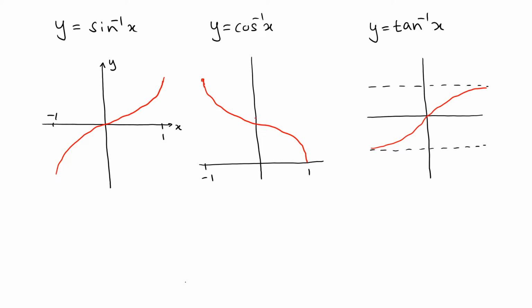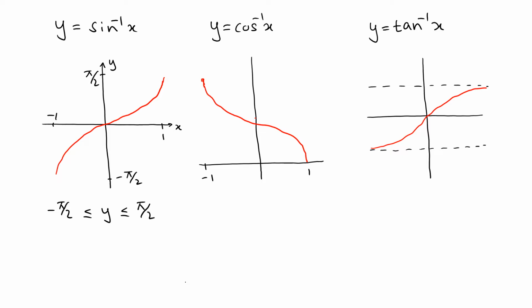So what we did, we restrict the range of the sine inverse function from negative pi over 2 to pi over 2 to make it a one-to-one function. That means the y values of the sine inverse function, the range, go from negative pi over 2 to positive pi over 2.